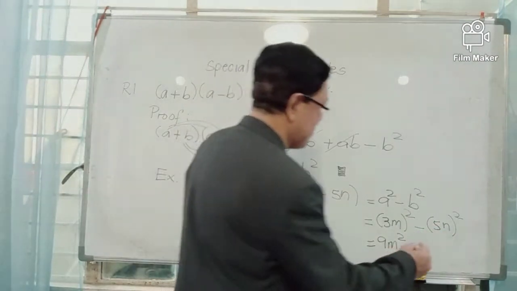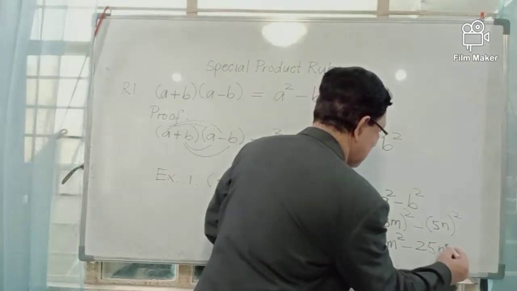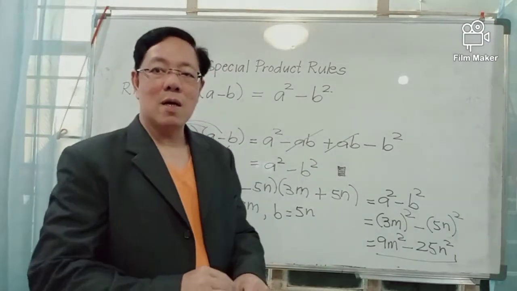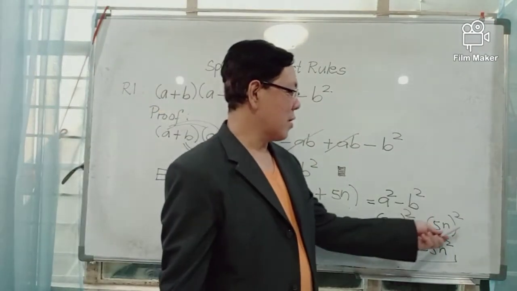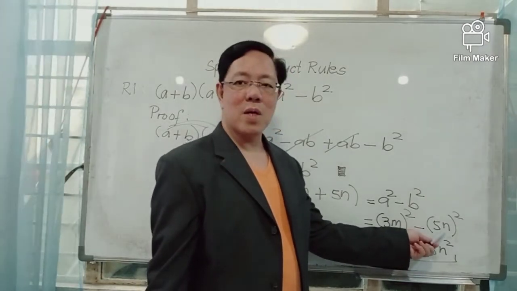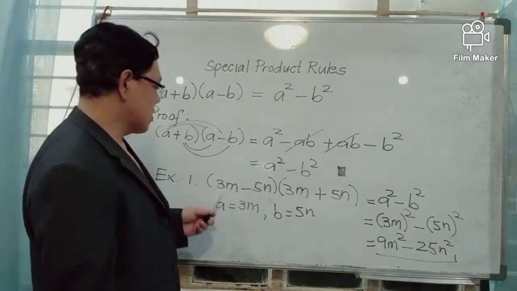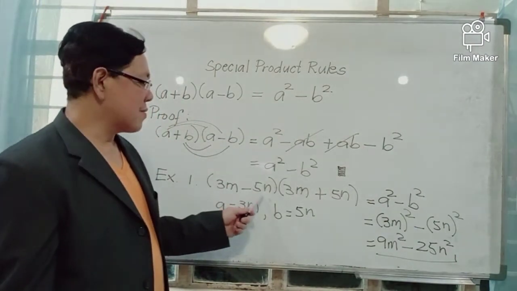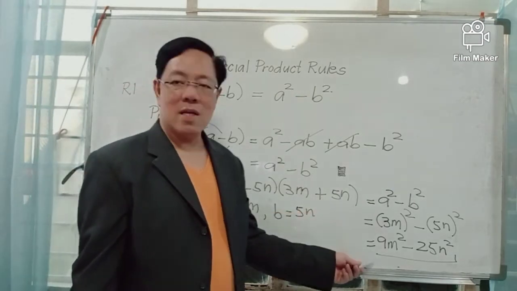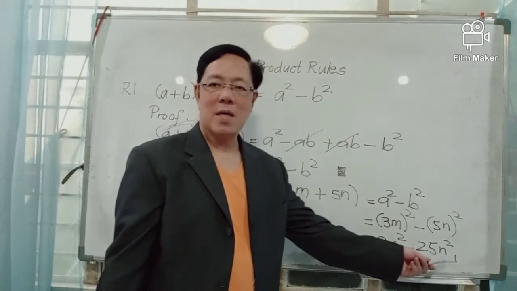We get 25n squared. Thus, the product of 3m minus 5n and 3m plus 5n equals 9m squared minus 25n squared.